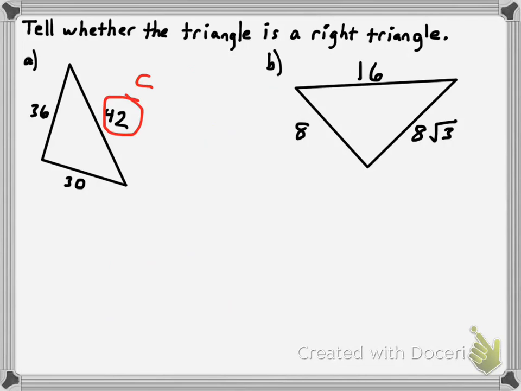And so then what we want to do is see, is 42 squared equal to 30 squared plus 36 squared?